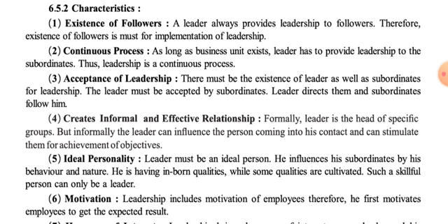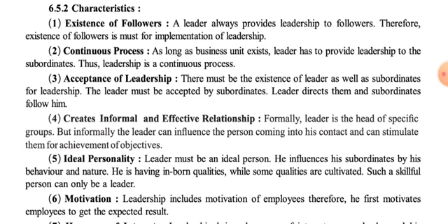There must be the existence of leader as well as subordinates for leadership. First of all, there must be the existence of a person who is called a leader, and followers who will be their subordinates or their devotees. The leader must be accepted by subordinates in any case, whether forcefully or by will or by deed.